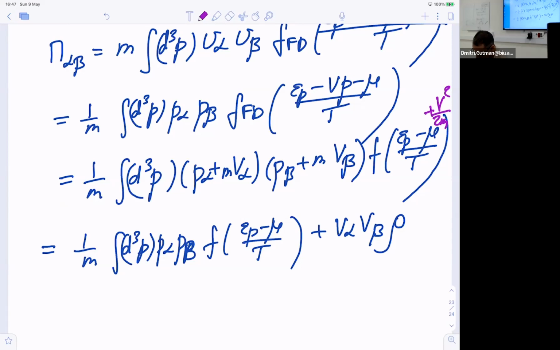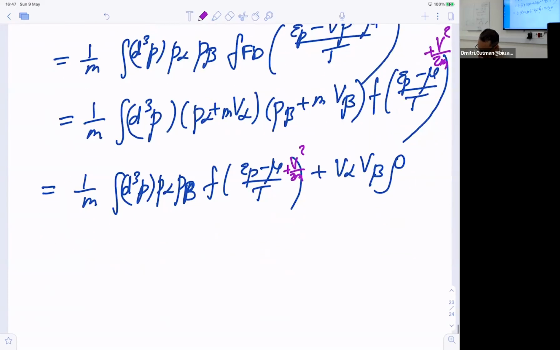Okay, so let's add them there and see how they disappear. Maybe just symmetric. Okay, so now we have two terms. So there are terms that are already proportional to v squared times rho. So you are right that this is not the same rho as at the beginning.